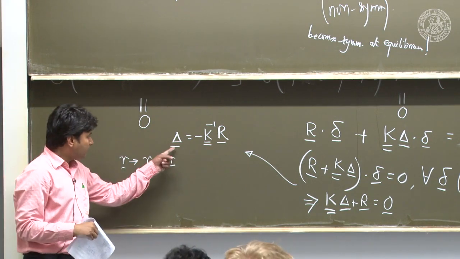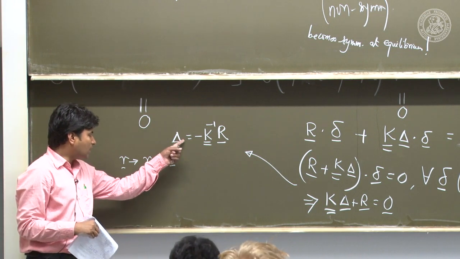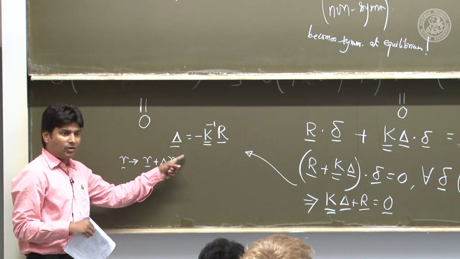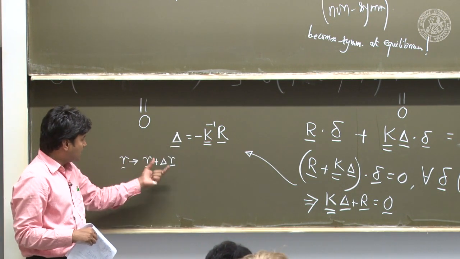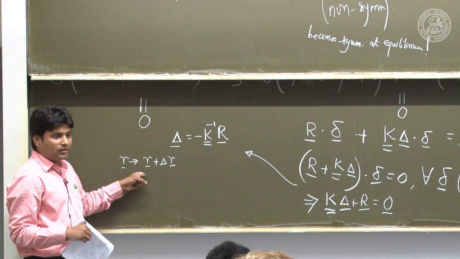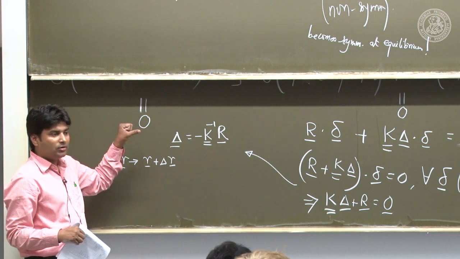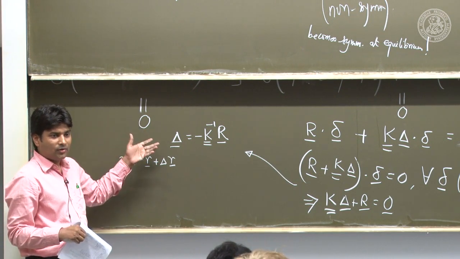This delta vector has both delta little r and delta theta also. So, you just extract the delta little r from this delta vector and add it to r, and then you get your new guess or new state.